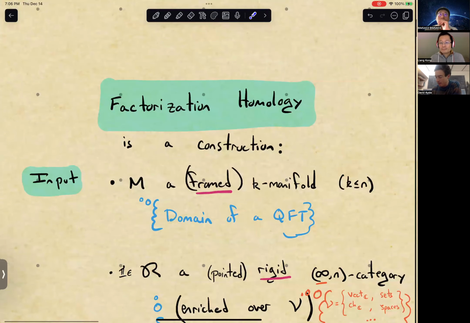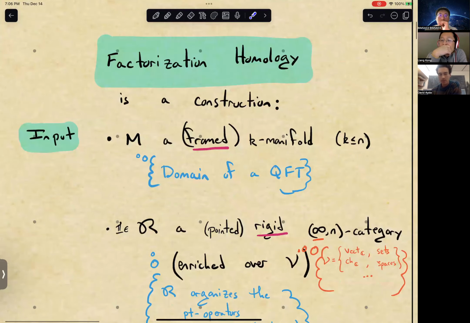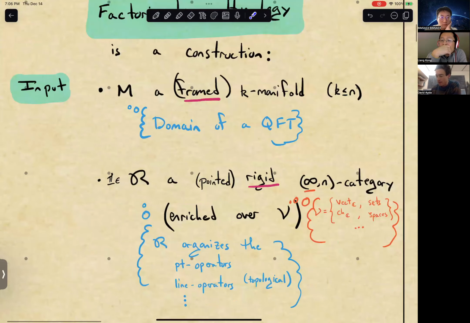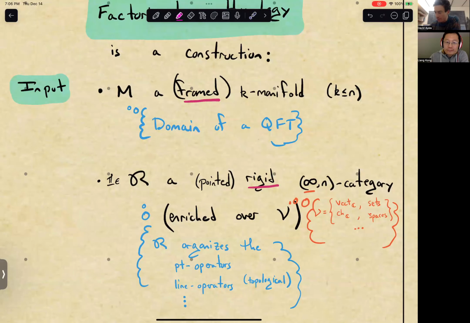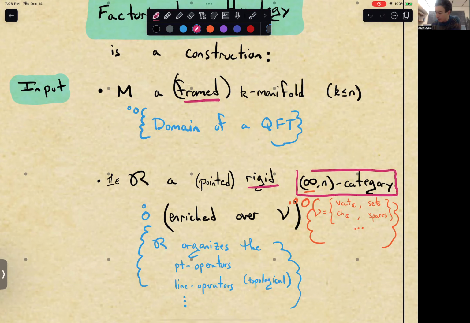Another, and I'm aware that this is a lot of technical words, and so I intend to elaborate on it a little bit more. The other input is, I'll highlight as we go the main bit of structure, an infinity n category.